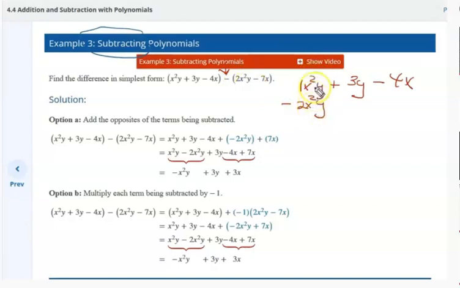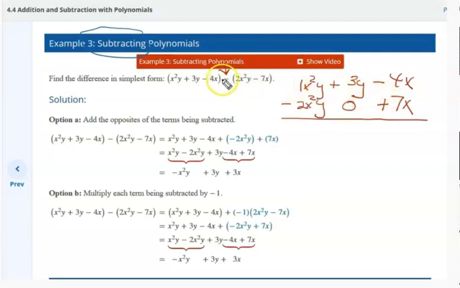And you line up your like term columns. Now, this is a negative 7x. So you're going to make this a positive 7x in the right, correct, like term column. Now you could put a 0 here if you want, or leave it blank. So now you've set it up properly.